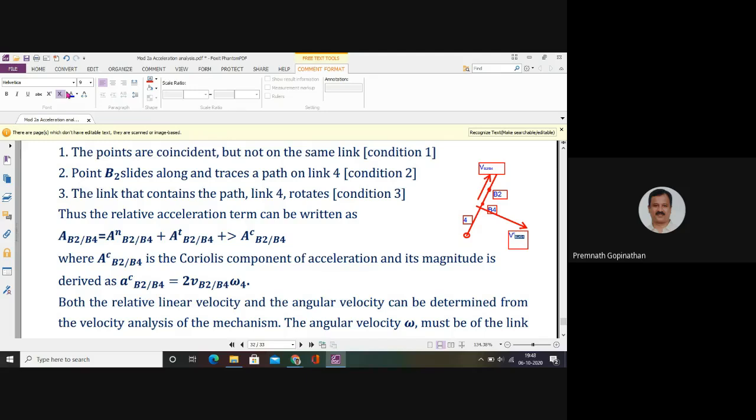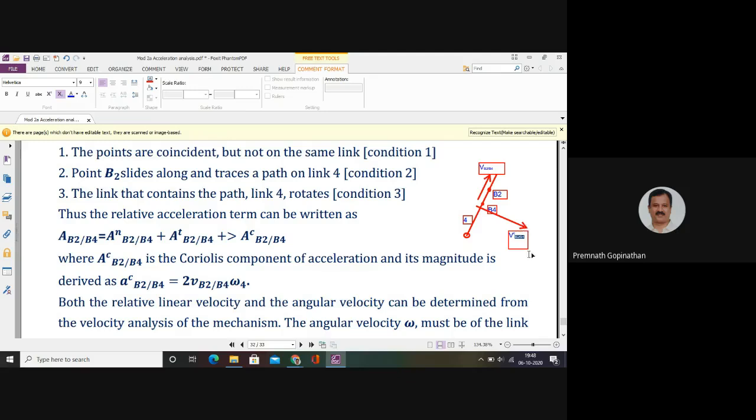What you do is identify the direction of the sliding velocity and rotate that vector in the direction of the angular velocity of that particular link 4. Here it is link 4, that's why I'm saying link 4. So the sliding velocity direction is rotated by an angle of 90 degrees in the direction of omega 4, so that you get the direction of the Coriolis component.